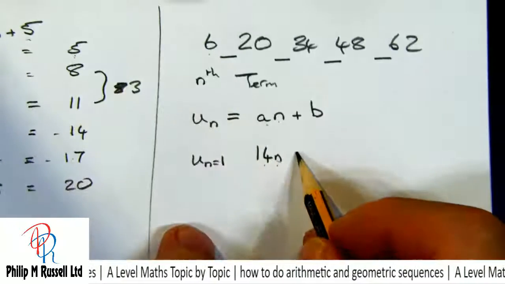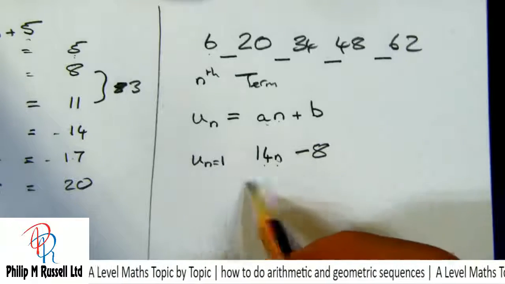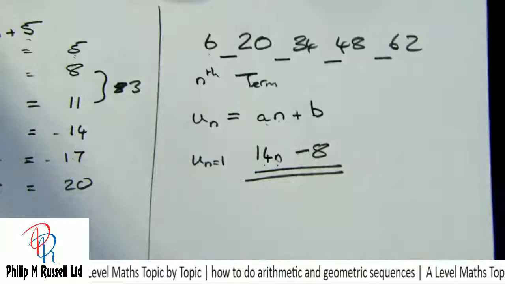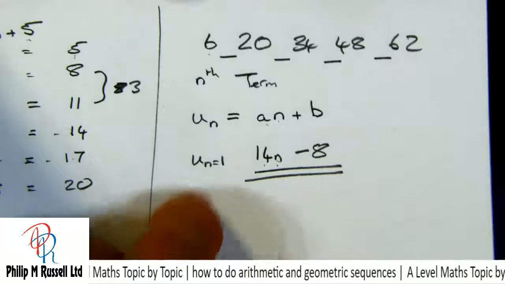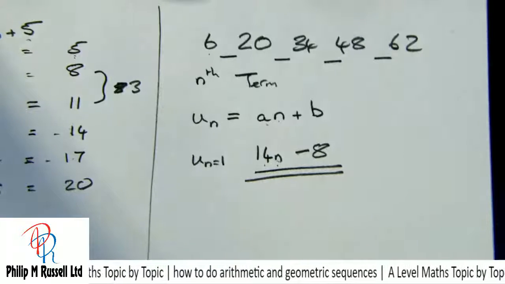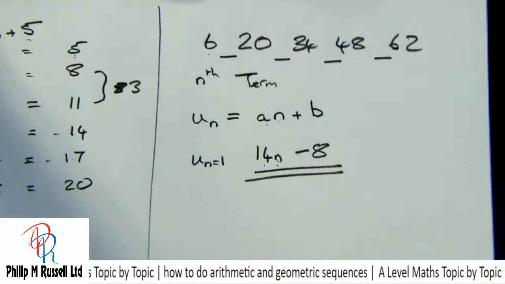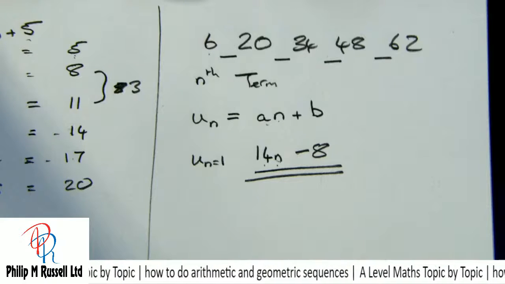To get back to 6, we'll need to minus 8, and that gives us our nth term. So not really that bad trying to work out some of these. They get a little bit more difficult when you get a few negatives in there, but basically they're relatively easy.